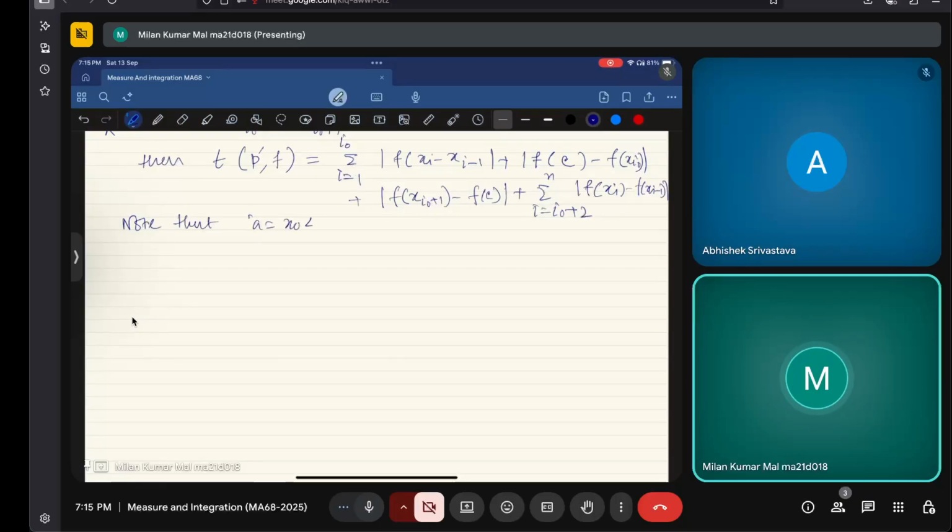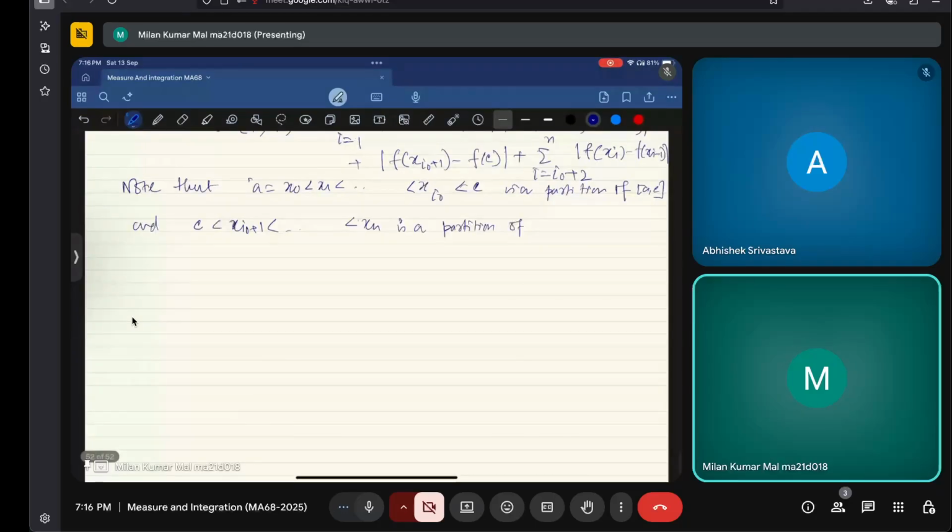Note that a = x0 < x1 up to x_i0 − 1, x_i0 ≤ c, this is a partition of [a, c], and c < x_i0+1 all the way to xn is a partition of [c, b].